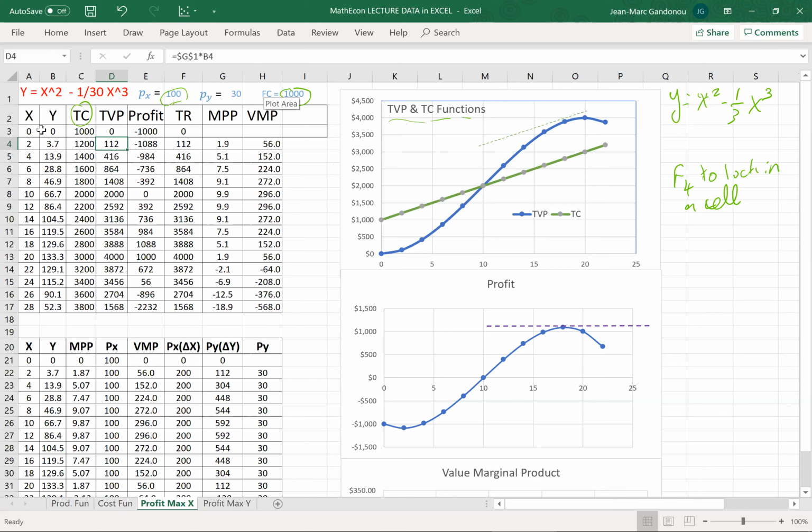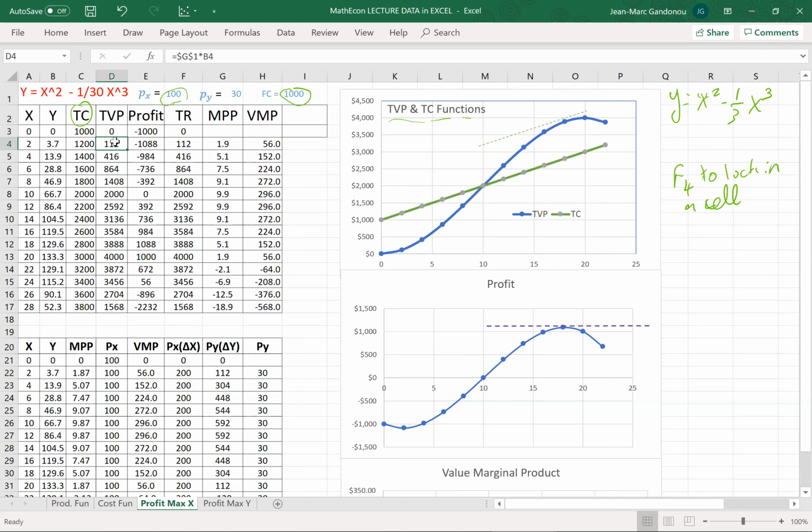How much do I get if I sell everything? My sales are equal to my production, Y, times my price. That's how I got 1,200. And so profit, obviously, is the difference between total revenue and total cost, because total value product is the same as total revenue.